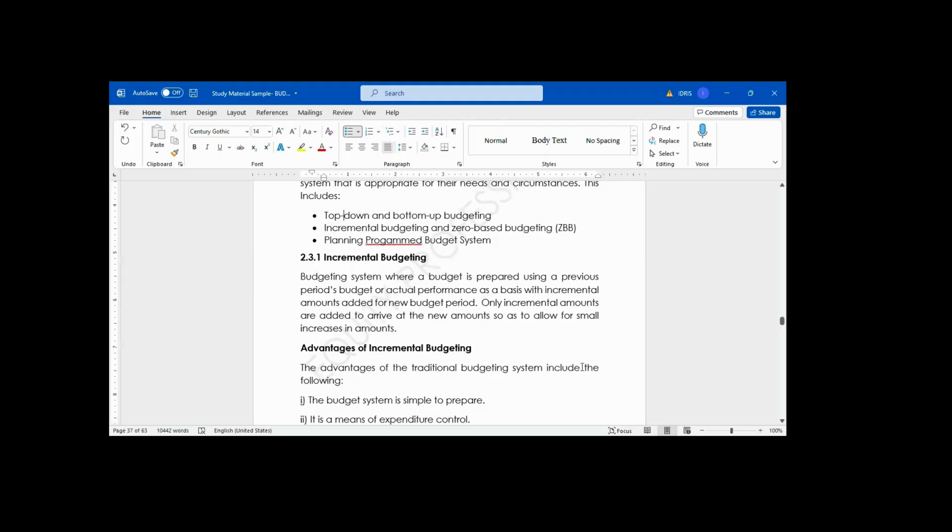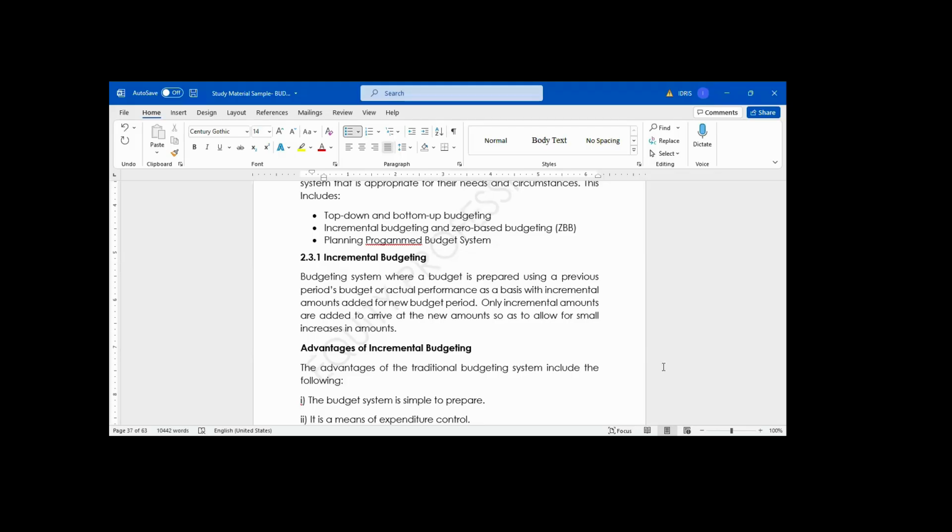The key changes in incremental budget are inflation and level of activities. Inflation and what? Level of activities. What we are saying is, for the budget you prepare in 2021, you are going to follow the same pattern you used to prepare the 2021 budget to prepare the 2022 budget.